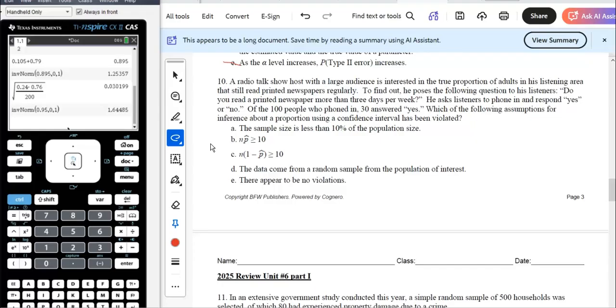Which of the following assumptions for inference about a proportion have been violated? Okay, so let's see. 100 people phoned in. I think that's less than 10% of the population. He has a lot of listeners, so I don't think this is the answer.